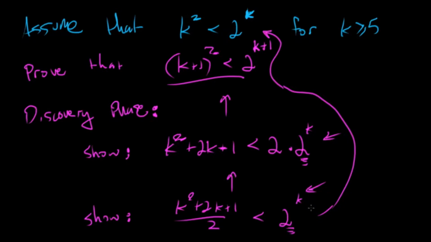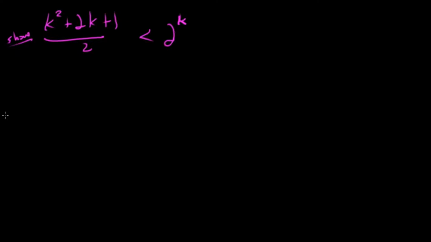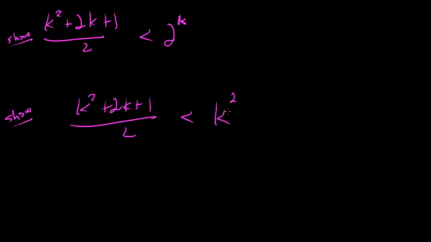Let's keep going. All right, let me just take that last statement to the next page. We had k squared plus 2k plus 1 divided by 2 is less than 2 to the k. And showing that this is true in this problem is equivalent to showing that this is true, k squared.